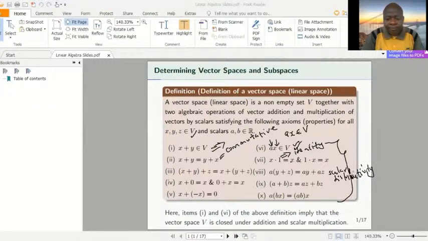Now we have the vector distributivity here. This is a vector z, and we have the scalar a plus b. So when you distribute this vector inside, you'll get az plus bz. So this is the vector distributivity.